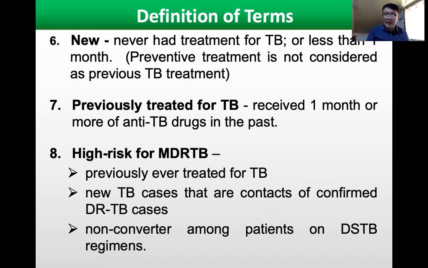And the last point can be considered for high risk for MDR-TB: the non-converter among patients on DSTB regimens. So any patients who did not convert during treatment, especially at the second, the fourth, the fifth, and the sixth months, can be suspected for MDR or high risk for MDR-TB.